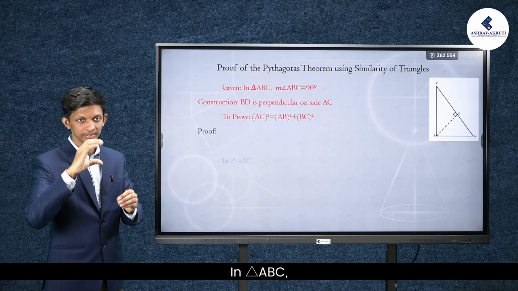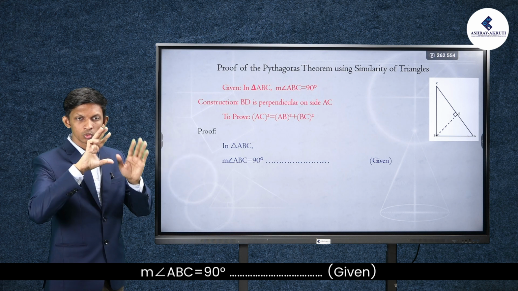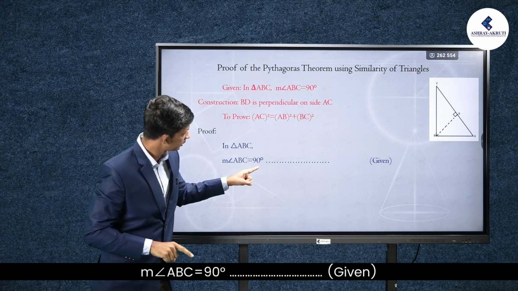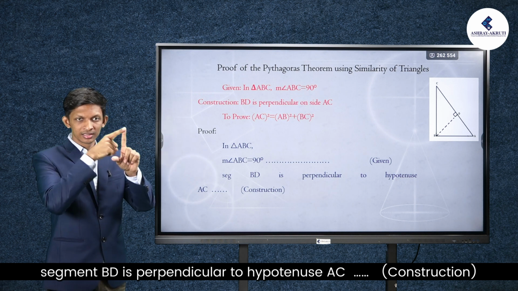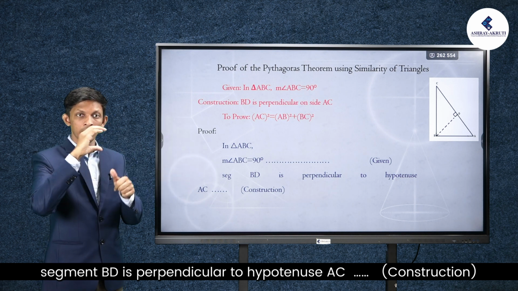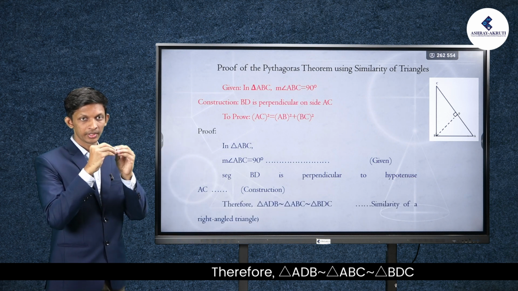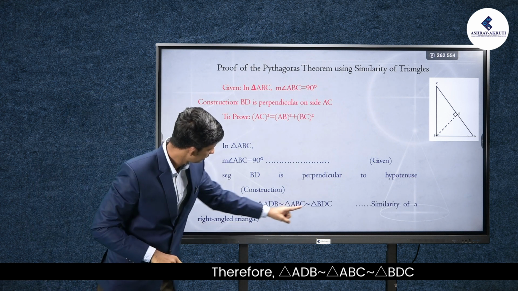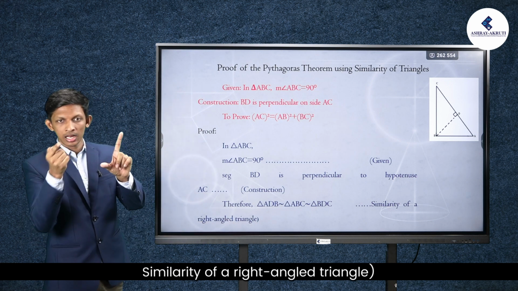Proof: in triangle ABC, angle ABC is equal to 90 degrees, which is given. Segment BD is perpendicular to hypotenuse AC by construction. Therefore, triangle ADB is similar to triangle ABC is similar to triangle BDC, by similarity of right angle triangles.